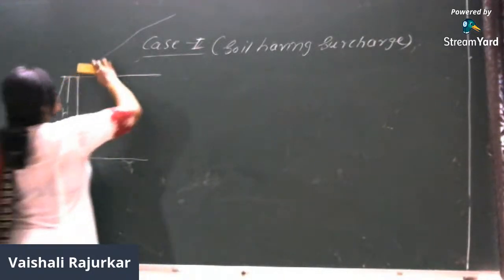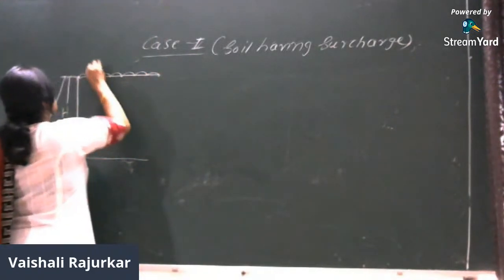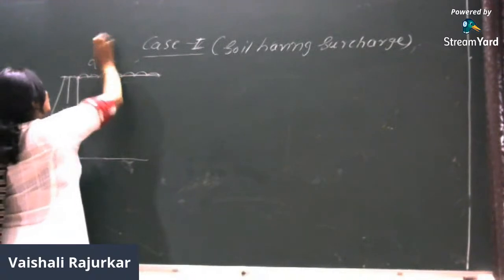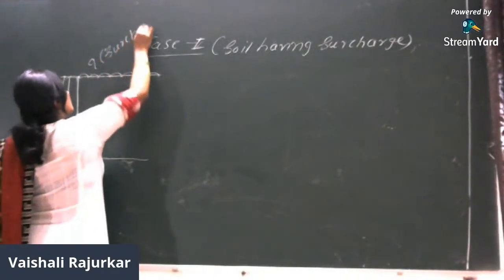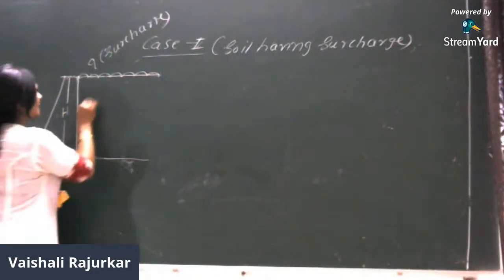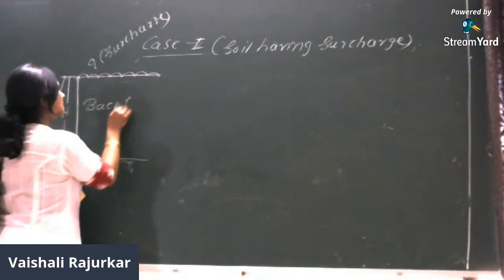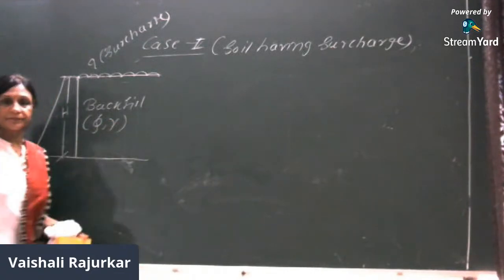So here, this portion is removed and it is placed as Q, the surcharge. Now, again the soil backfill is a sandy soil, whose properties are gamma and phi.